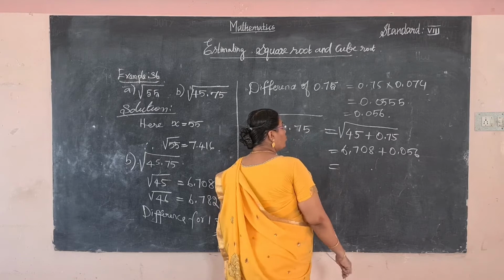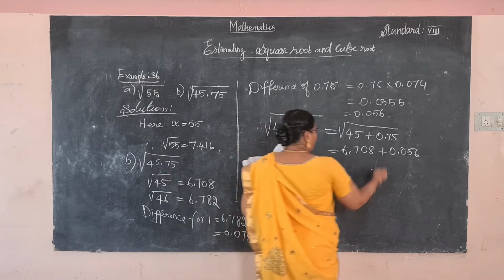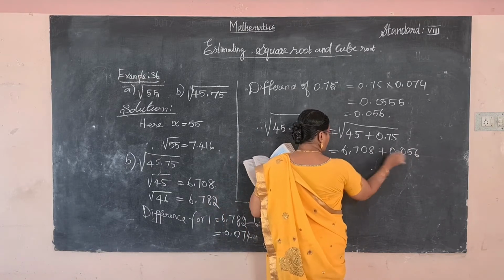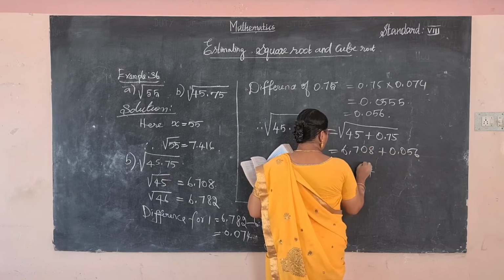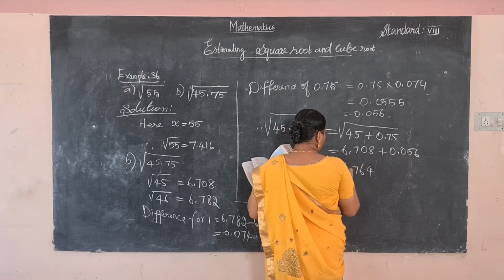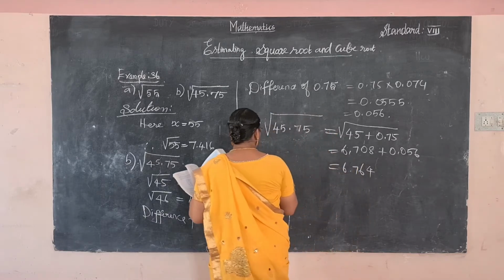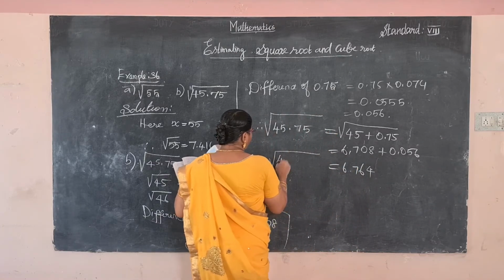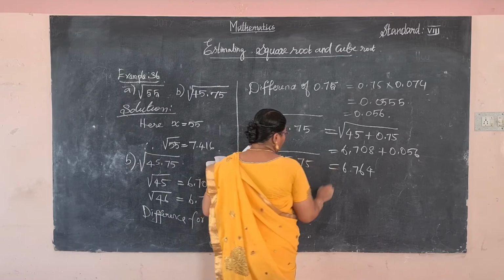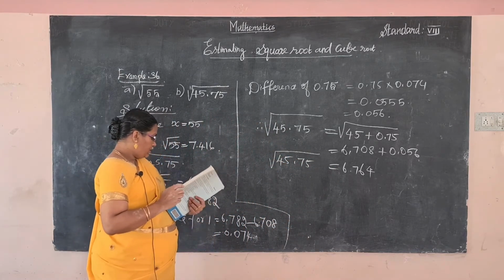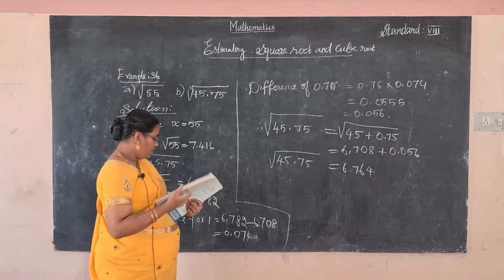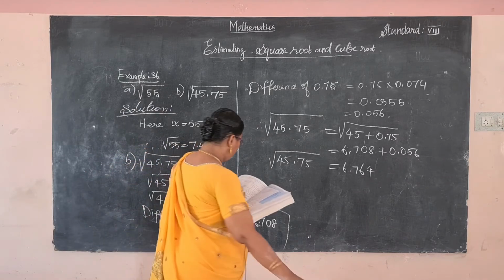Add these two values from the right side: 6 plus 8 is 14, carry 1, 6, 7, 6. So the answer for this problem, the square root of 45.75, is equal to 6.764. Okay, then see the next example.